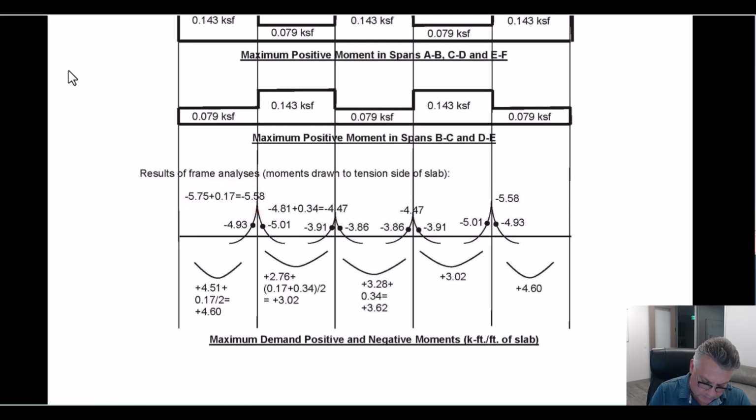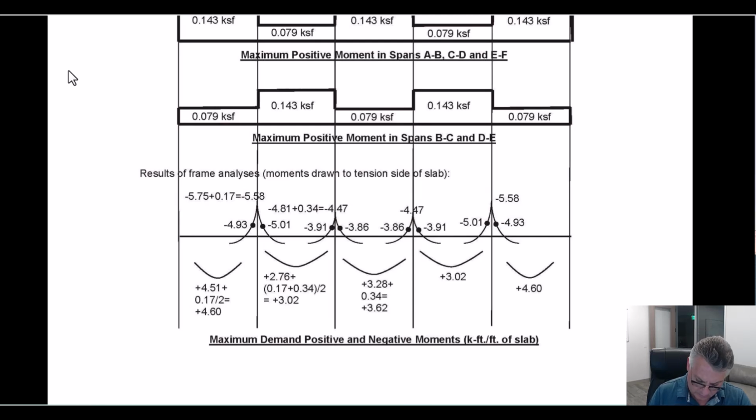So what's happening here is the result of just the factored dead and live load was 5.75 negative foot kips per foot. Remember, the secondary moment actually helps that, actually reduces that negative moment. So instead of designing for 5.75, we're actually designing for 5.58.